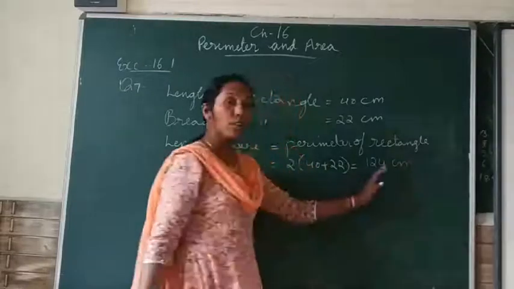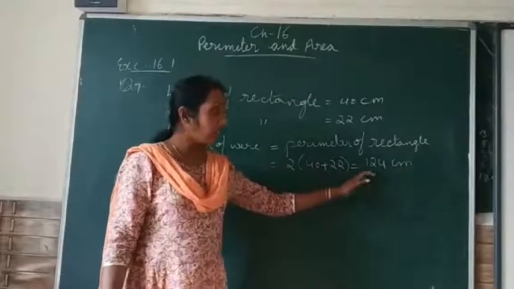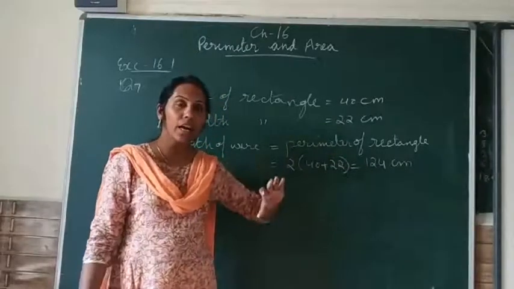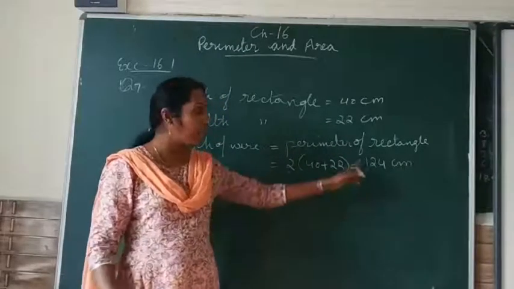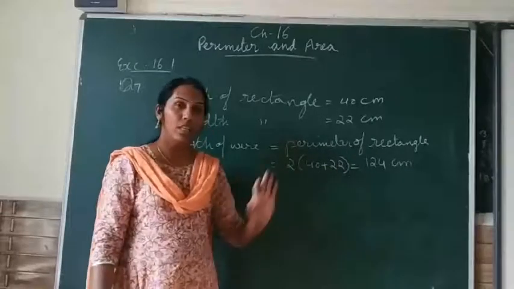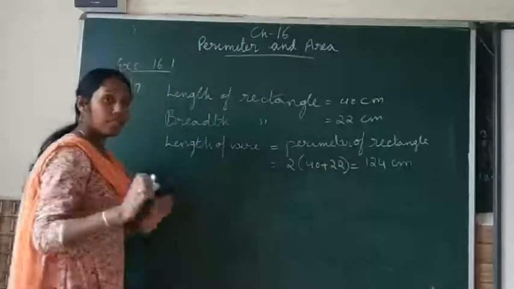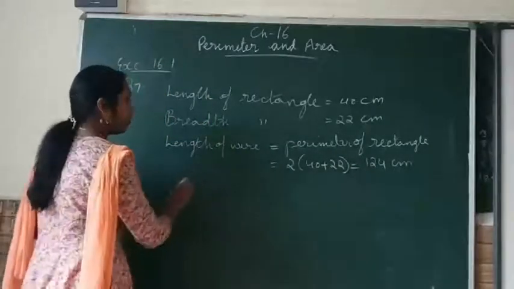This is the length of the wire. Now, this is the length of the wire in both the cases. Whether it is a rectangle or a square, the length is 124 centimeter only. That means when it is a square also the perimeter is the same. So perimeter of square is equal to 124. That means we can find out the side of the square.